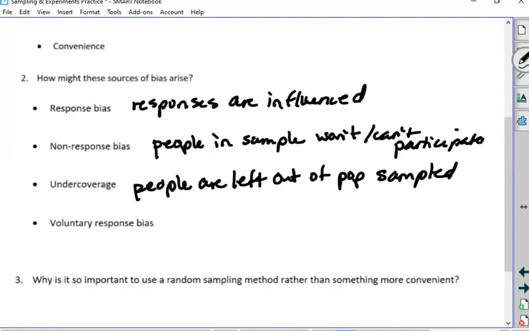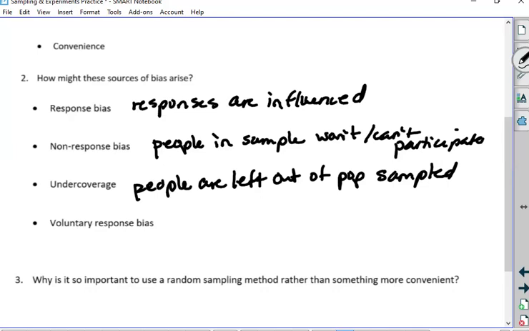The famous example of this that I gave earlier in the year was a magazine poll for Franklin Delano Roosevelt that used telephone polling at a time when the majority of people in the country didn't have telephones, so the only people that got asked were the wealthier people, and we didn't get a representative sample. In the past, I guess that was still sufficient to predict the election, but in this case it did not. It really backfired.